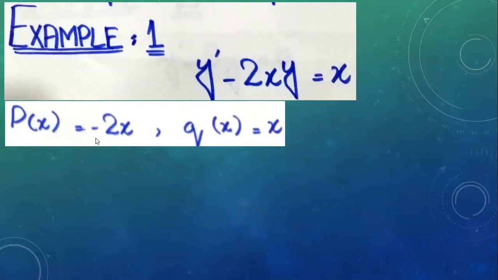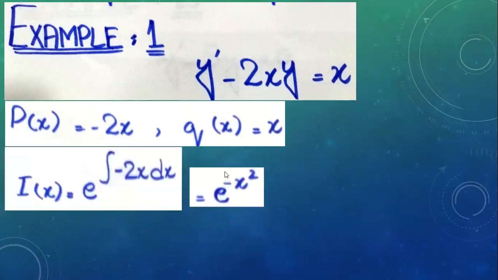Now we have defined p of x and q of x. The next step is to define our integration factor I of x. By formula, I of x is equal to exponential power integral of p of x dx. Here p of x is minus 2x, so when you solve this integral you find exponential power minus x squared.